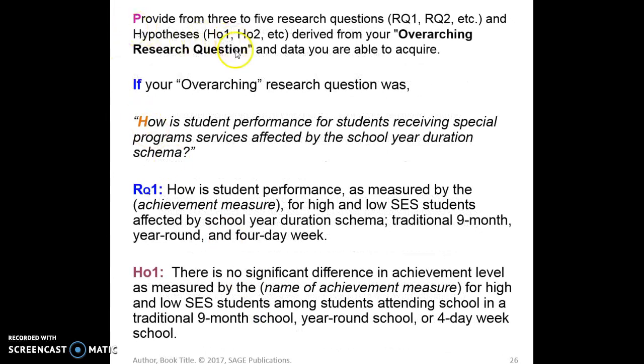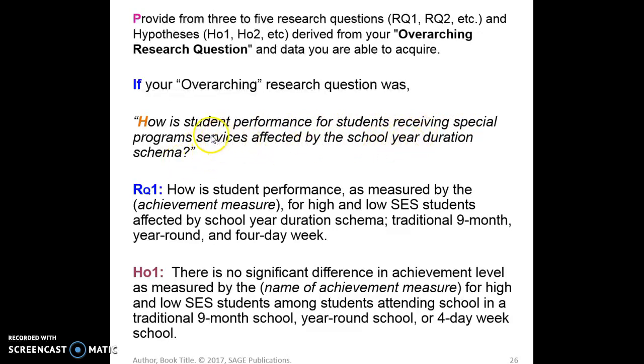Okay, here's an example. Provide from 3 to 5 research questions, and the same for hypotheses derived from your overarching research question, which the hypothesis was derived from. For instance, if your overarching research question was how is student performance for students receiving special program services affected by the school year duration?